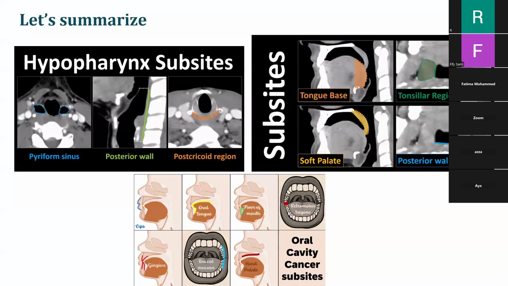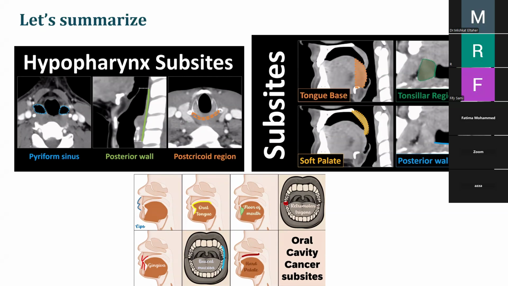So let's back it up. The subsites are the main important thing to differentiate here, because, as we have discussed, the subsites of the oropharynx, the hypopharynx, and the oral cavity are critical, as they directly influence TNM staging, treatment planning, surgery versus chemotherapy, as well as the prognosis.